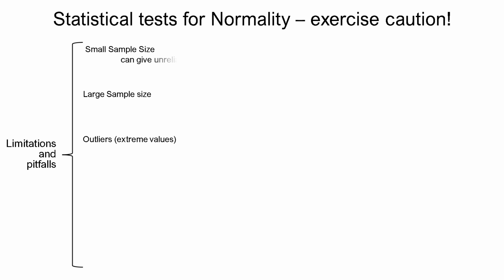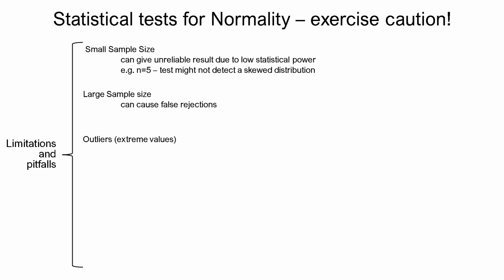A small sample size can make it hard for a test to detect deviation from normality. For example, with only 5 points, a skewed distribution may well appear symmetrical. At the other extreme, a large dataset could contain some small deviations from normality that could impact the calculation of p-values while not actually being important.